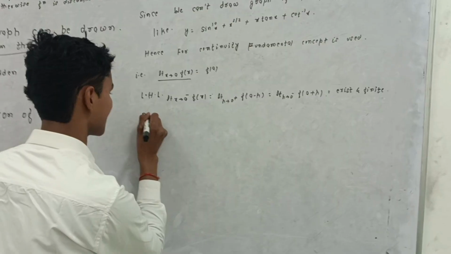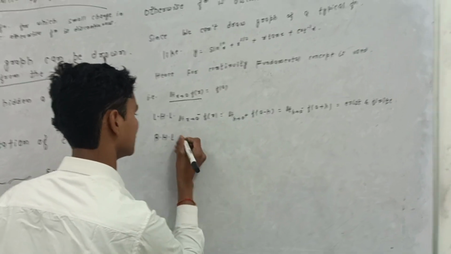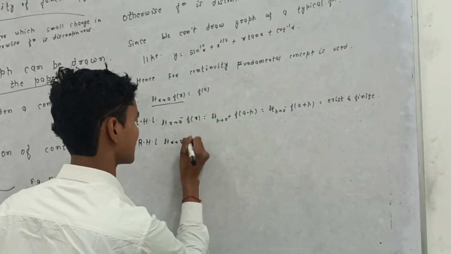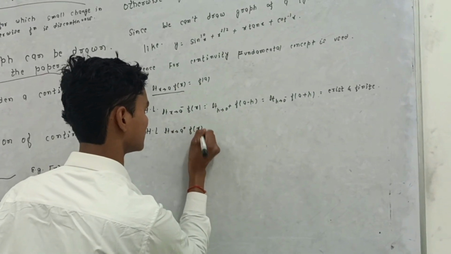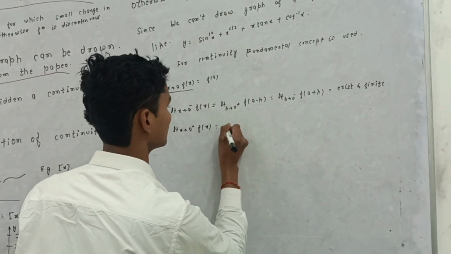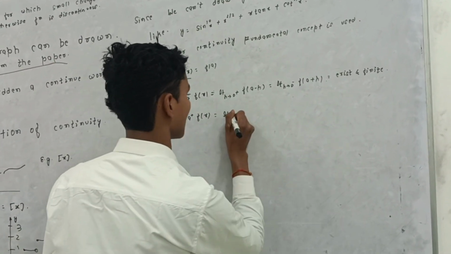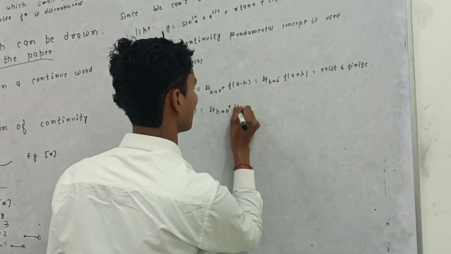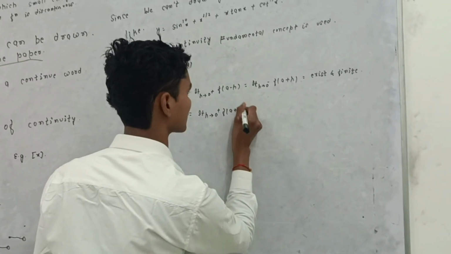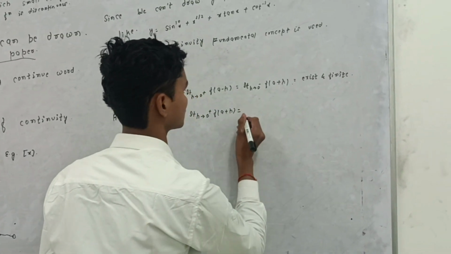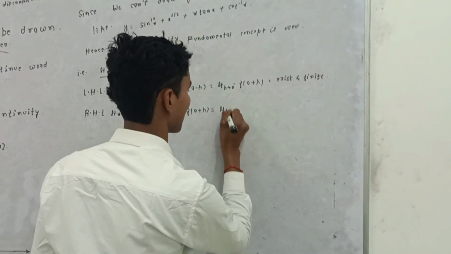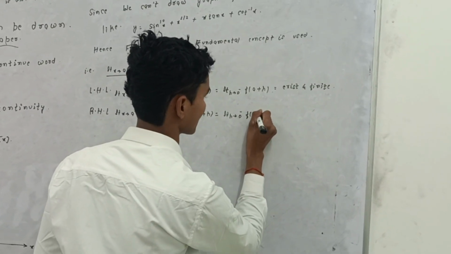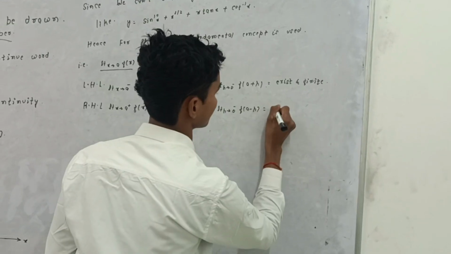Similarly, right hand limit: limit x tends to a plus f(x) is equal to limit h tends to 0 plus f(a plus h), which is equal to limit h tends to 0 minus f(a minus h), exists and is finite.